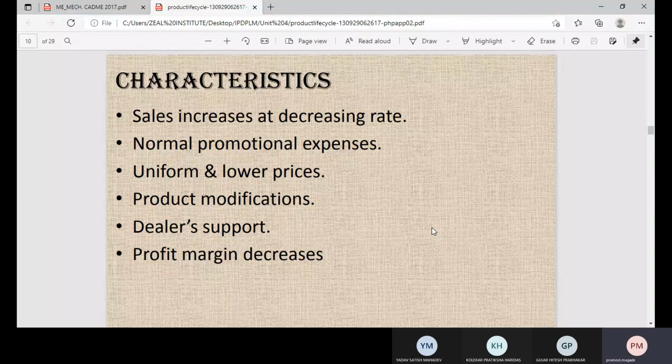Okay, so this is about the characteristics, and the last stage is declination, we can say.